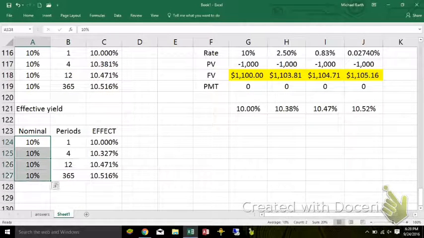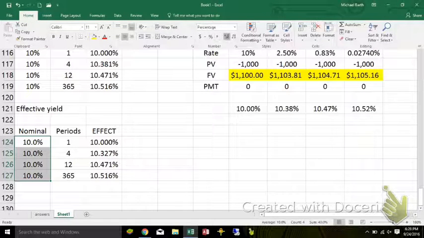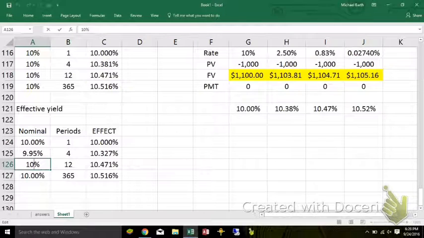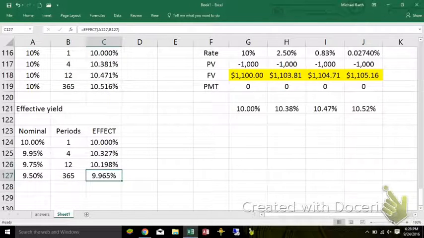Let me add some decimal places down here. And let's say this one's 9.75%. 9.75% compounded monthly. You still end up more. Well, what if this one's 9.5%? See, that would be less. So just because it compounds more times per year doesn't necessarily make it better.